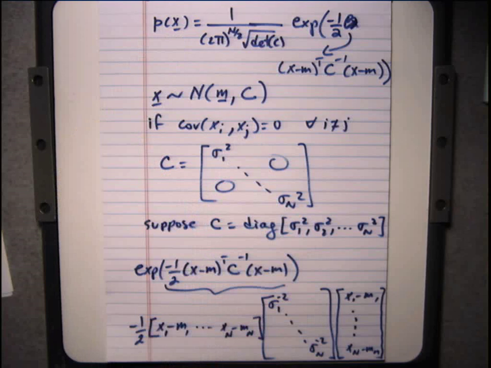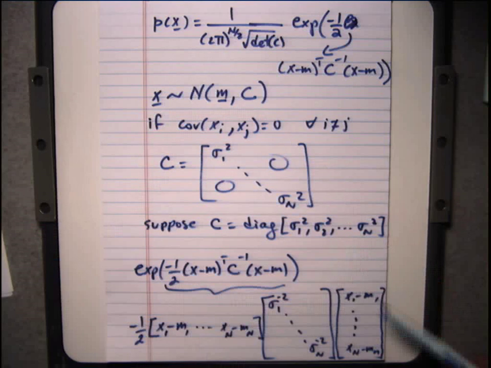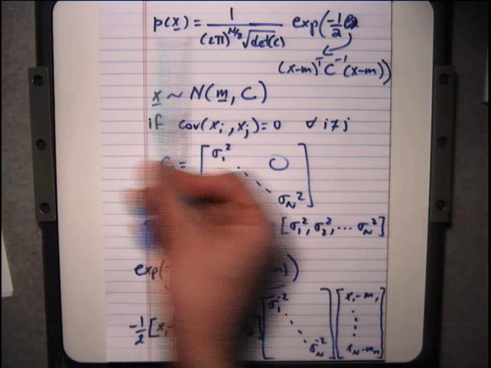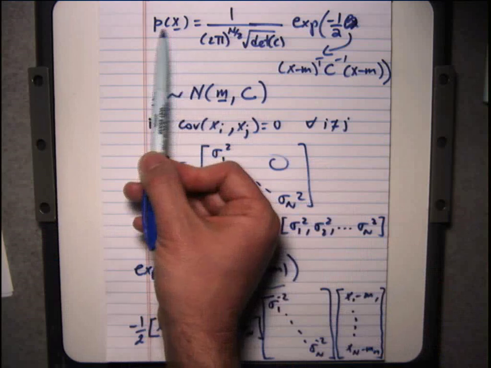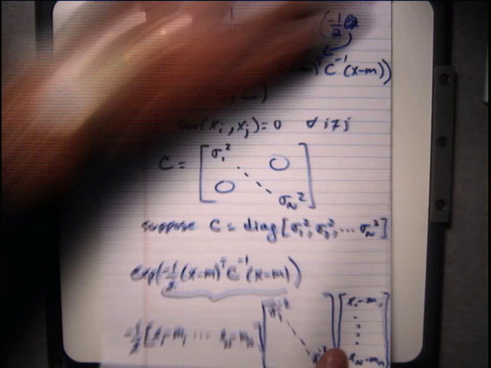I guess you were outside the room when I described this just a minute ago. The way to do that is to show that the joint PDF for X is the product of all the PDFs for the individual components. So if we multiply this, this will show up fairly easily.